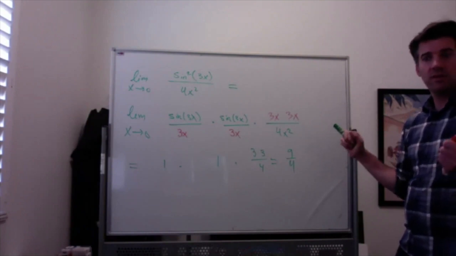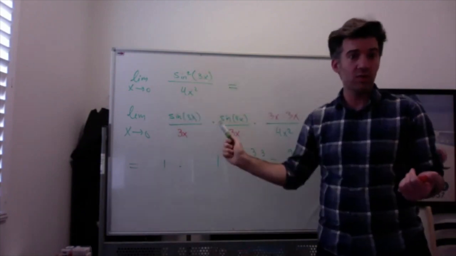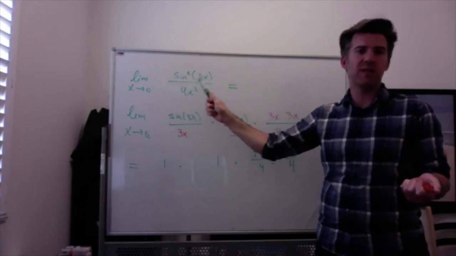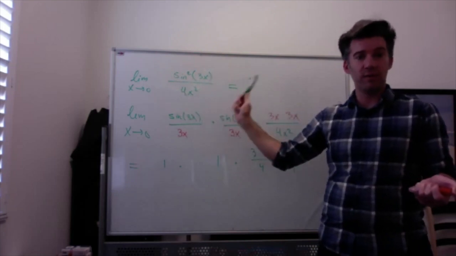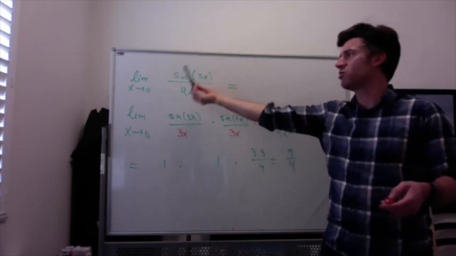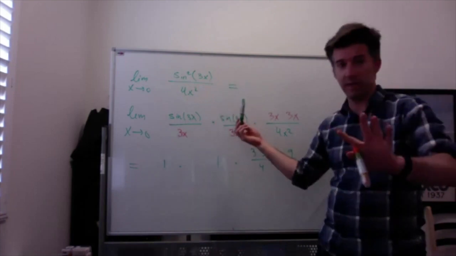Sometimes teachers ask questions like this after you've learned L'Hopital's rule, and using L'Hopital's rule for this is terrible. This one's not super terrible, but there are some problems where although you totally could use L'Hopital's rule, it is an awful choice to do so. If you haven't heard L'Hopital's rule, don't worry about it. We'll cover it before the end of the quarter.